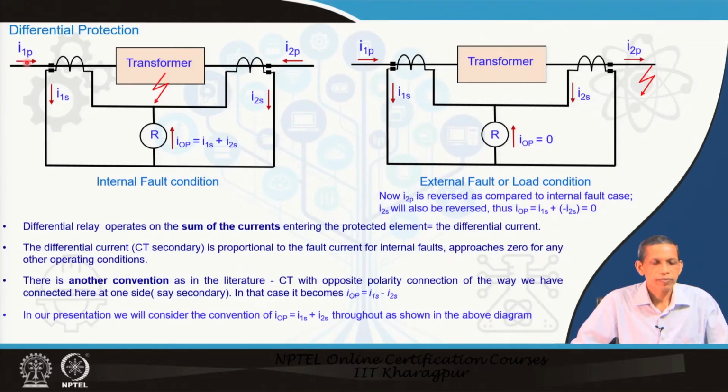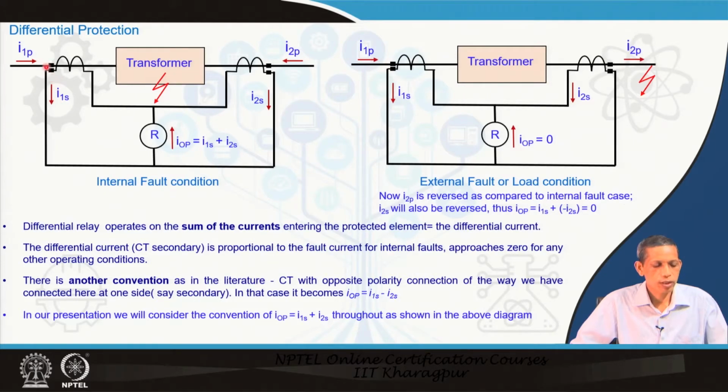So, we have I 1 P, the line current flowing in the primary side, and I 2 P, the line current flowing in the secondary side. We have the CT connection, and then on the secondary side of the CT we have I 2 S, and on the primary side I 1 S. This current flows into the relay.